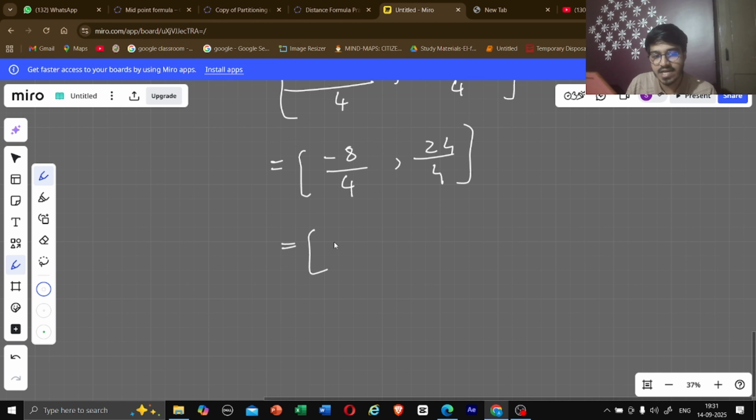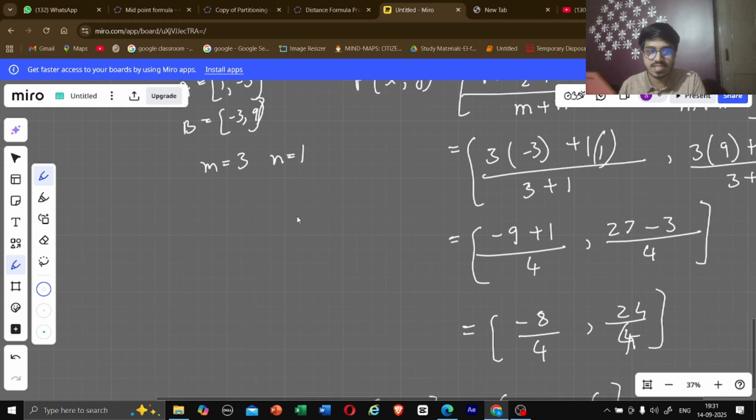So -8 by 4 is -2, comma 24 by 4 is 6. So the coordinates of P are -2, 6.